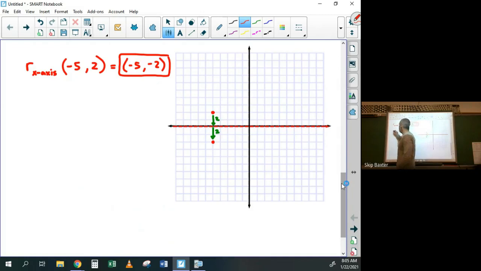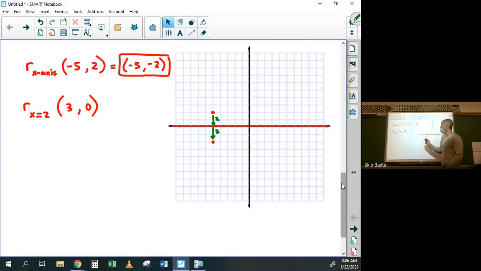What if they said something like, reflect across x equals 2, the point (3, 0). Okay, same thing.